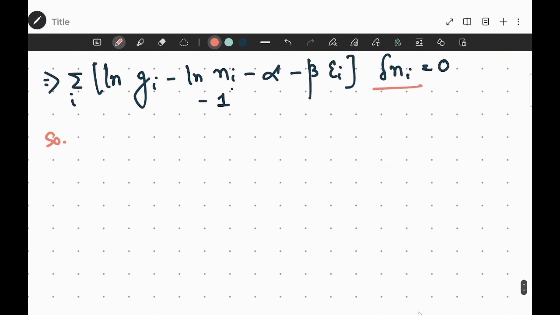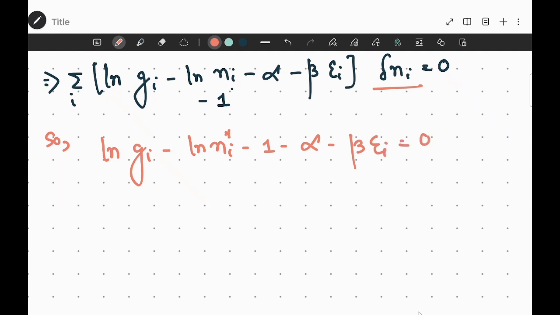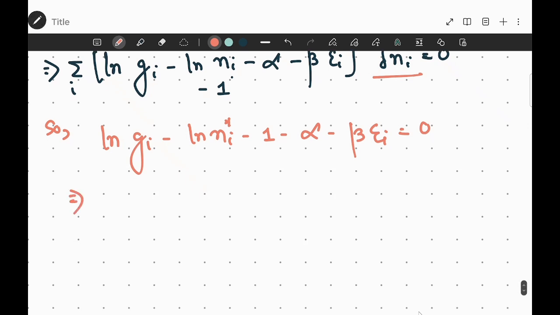So you can write ln gi minus ln ni minus 1 minus alpha minus beta epsilon i is equal to 0. Here we will put a star. Why? This has now become the most probable distribution because we are considering the 0. So ln gi minus ln ni becomes alpha prime plus beta epsilon i.